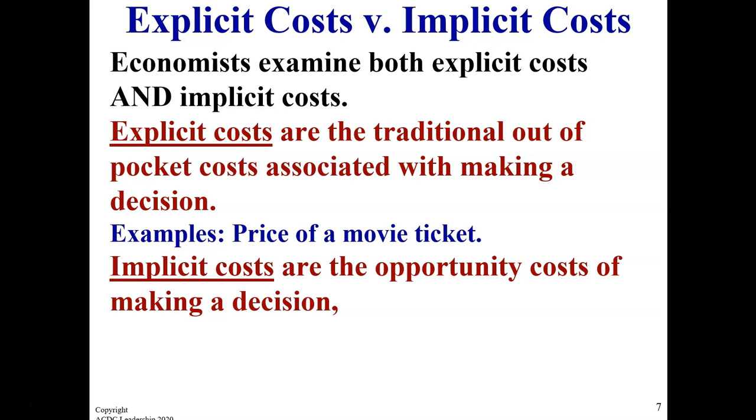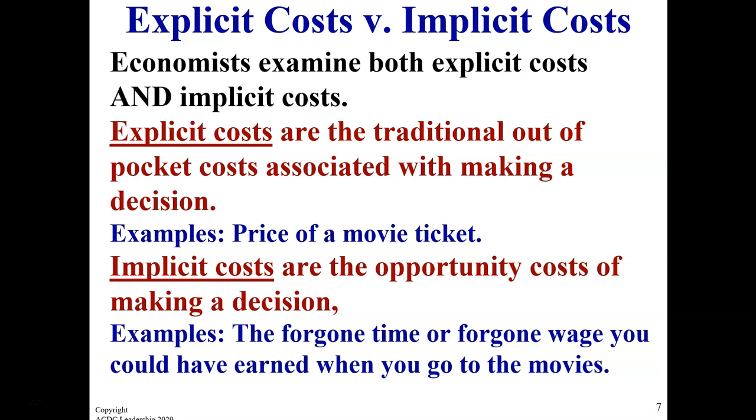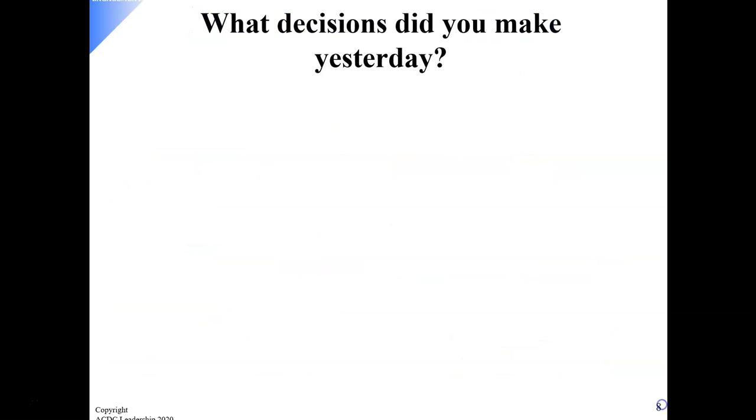Implicit costs are the opportunity costs of making a decision. So an example would be the foregone time or foregone wage you could have earned when you go to the movies. So I've mentioned before that time is a valuable resource. So don't always think of an opportunity cost as just money.